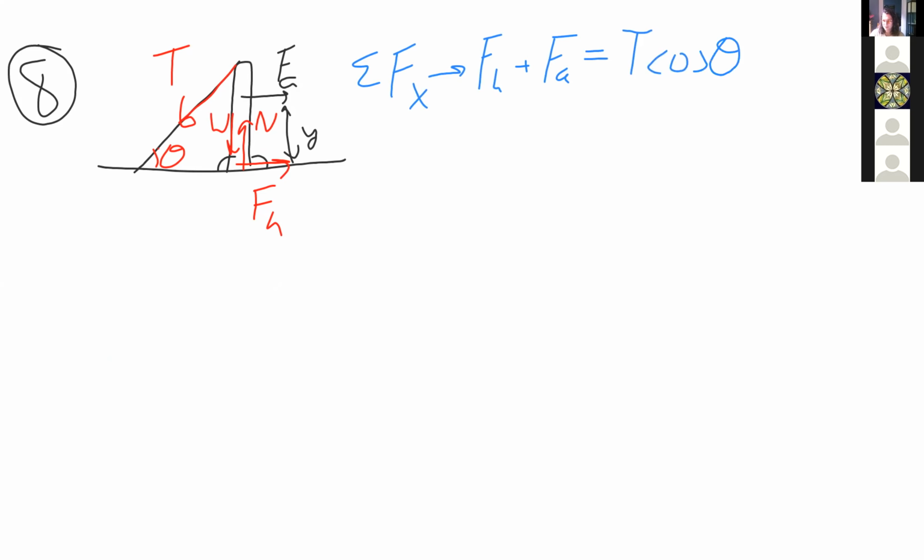That's not going to be super useful to us, but well, we can write that down. We may need that at some point. What I will say is that by summing the forces in the y direction with the weight and the normal force and all that stuff, that will not be as useful to us.